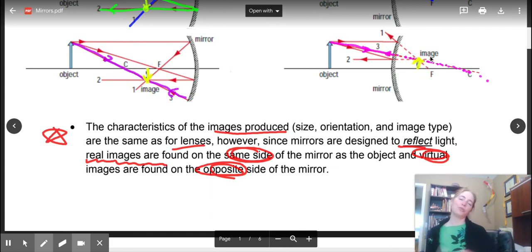So to see what a virtual image looks like, find a mirror in your house and admire your beautiful face. That lovely face looking back at you is a virtual image. You can't take that image off the bathroom mirror and project it on a screen. To you, it looks like you are back there. Obviously, you're not behind the mirror, but it looks like you are.